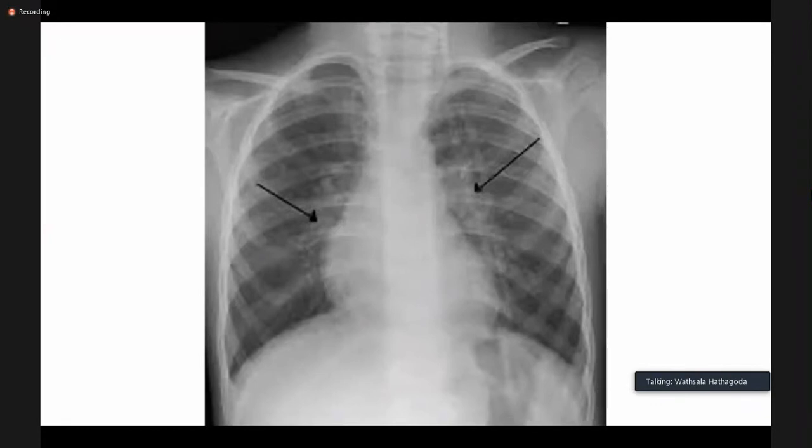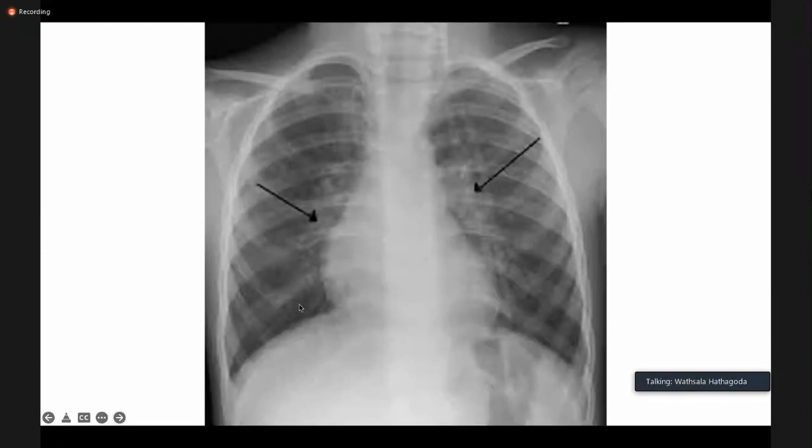What would you expect, and what would you see in the X-ray? Because of the inflammation, you will see bronchiolar thickening. Here you can see the peribronchiolar thickening, right?